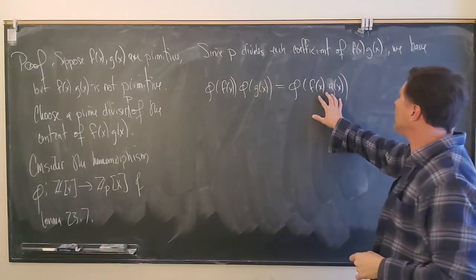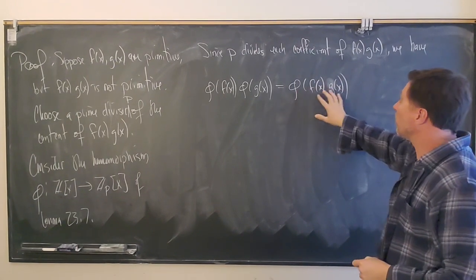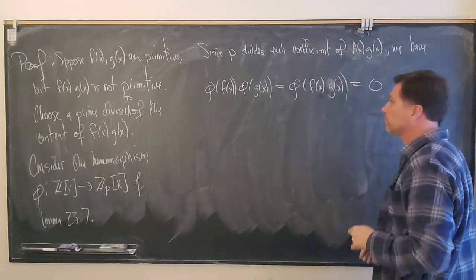Now, since p divides every coefficient of this guy, when you reduce all the coefficients mod p, what do you get? You get 0, right? So we get the 0 polynomial.